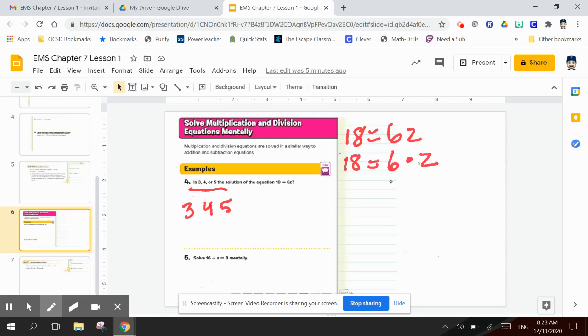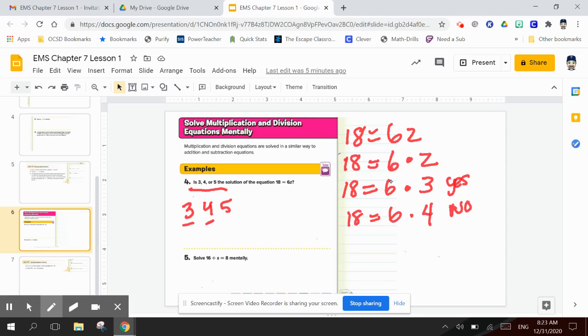So we take out the z, I'm going to put in a 3. 6 times 3 equals 18. Yes, that works. But we have to try the other numbers. So let's try 4. Take out the z, put in my 4. 4 times 6 equals 18? No. 6 times 4 is 24.